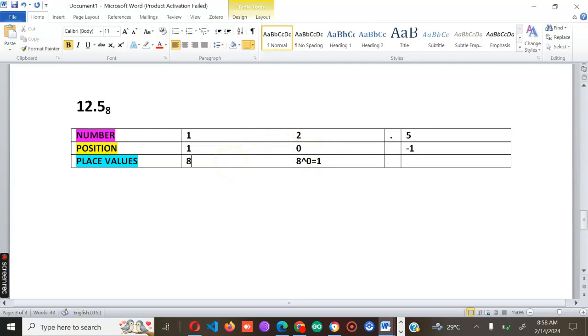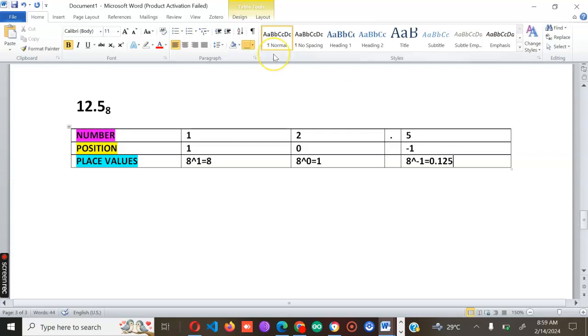This is 8 raised to power 1, which is equivalent to 8. Well, on this one is 8 raised to power -1, which is equivalent to 1/8, which is equivalent to 0.125.